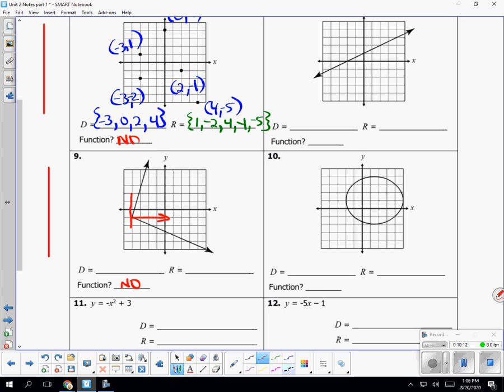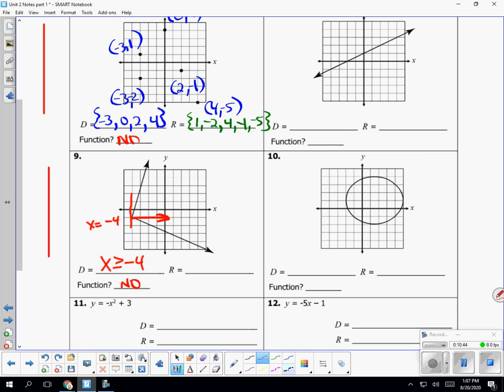This x value right here is negative 4. That's the lowest x value that I get to. Now I need to indicate in my domain that I need to include every x value from negative 4 to infinity in the positive direction. So I'm going to write that as x is greater than or equal to negative 4. That's going to be my domain for number 9.